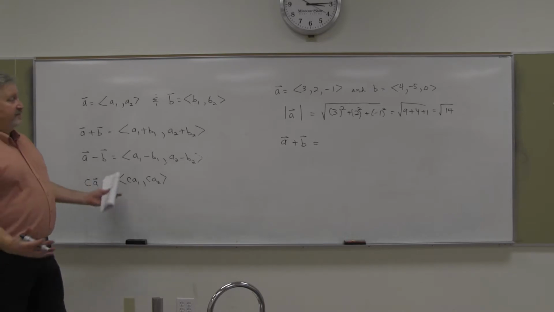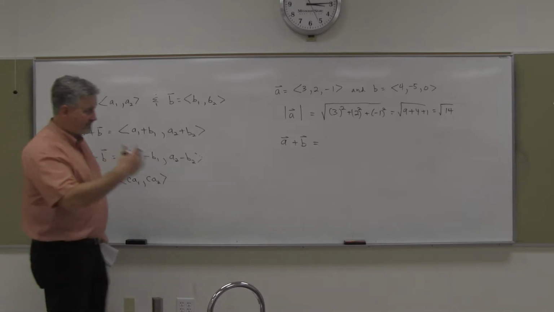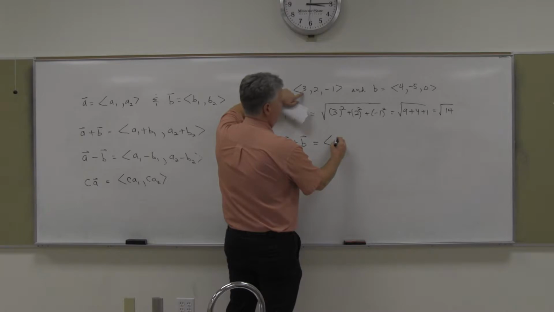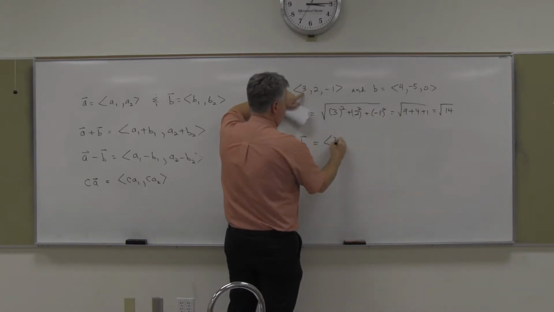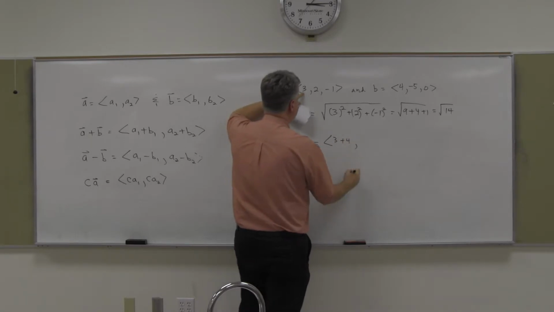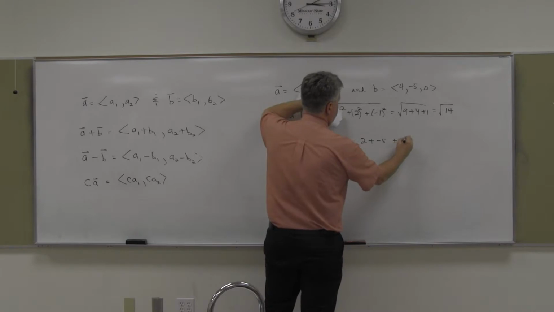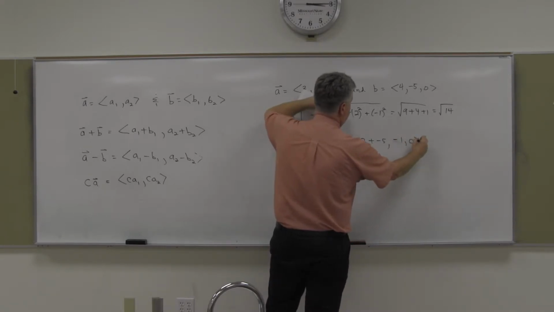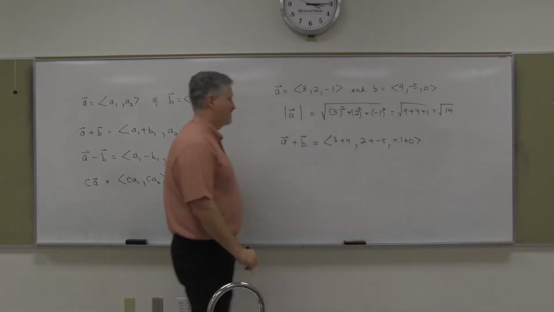To add 3-dimensional vectors, you just add the corresponding components together. So we add the first component, 3 plus 4, then 2 plus -5, and then -1 plus 0 for the third component.